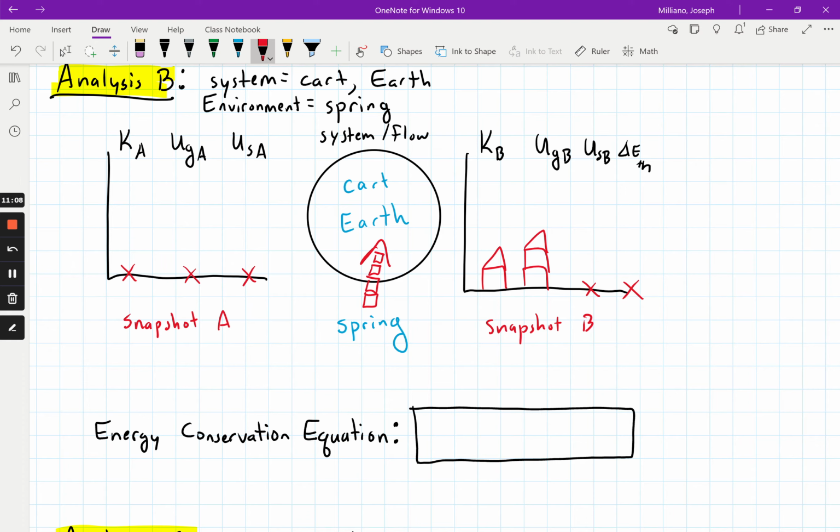That's what that says. We are going to label this with a capital W subscript spring. The capital W means working. This is a working process. The subscript means by the spring on the system.